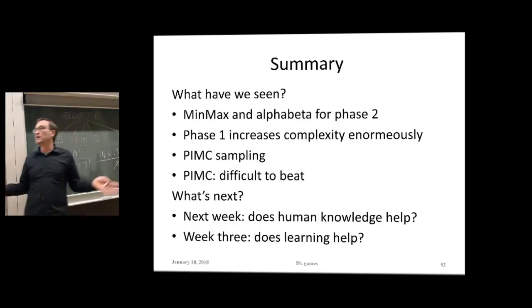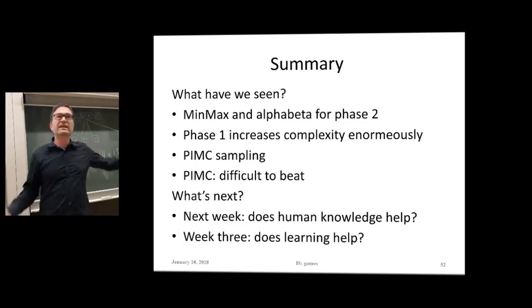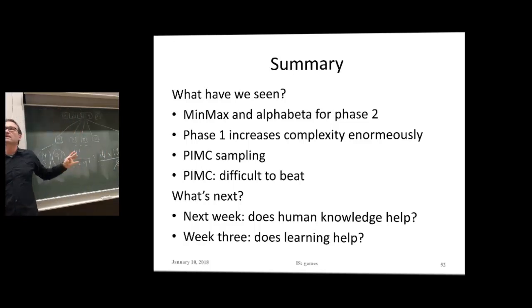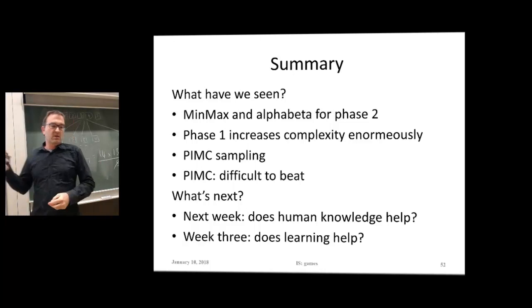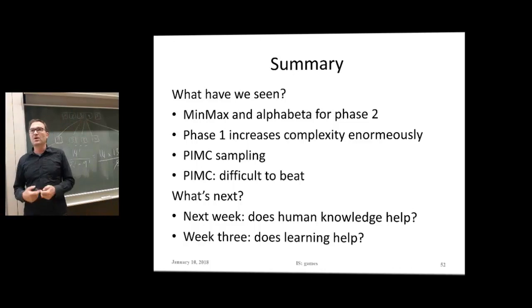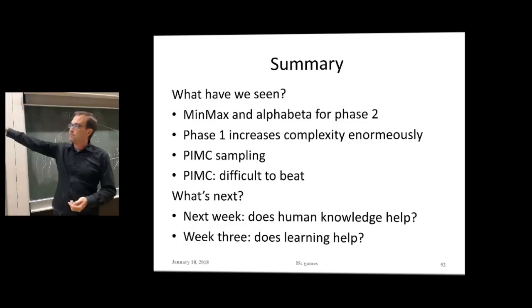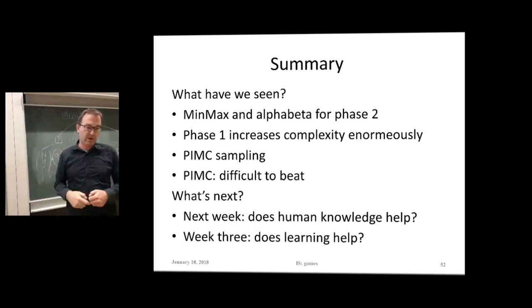Phase 1 really destroys all this because it increases the complexity so that we cannot do a complete algorithm anymore. We need to do statistical sampling over all possibilities, and it has been shown that this perfect information Monte Carlo is very difficult to beat. We try to do it anyway.